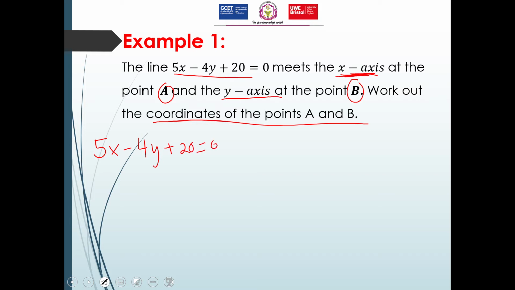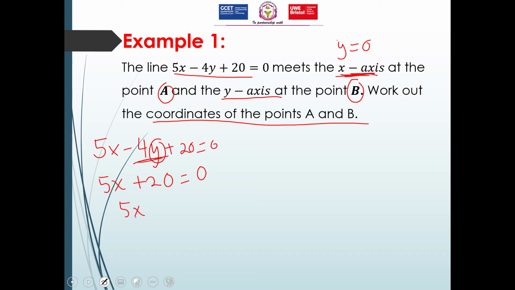Meets the x-axis, meaning your y is 0. So we just let our y be 0 here. 5x, if y is 0, so this whole thing will be 0. Minus 4 times 0 is 0. So we have 5x plus 20 equals 0.